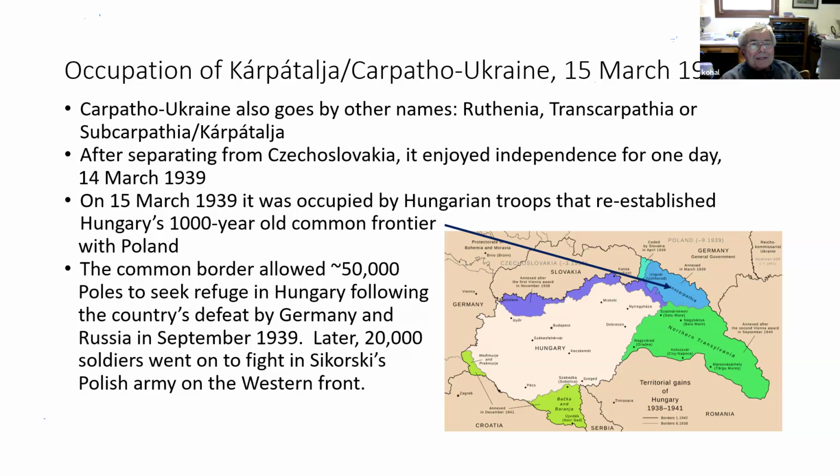It was occupied the next day by the Hungarians, and this was to reestablish what they called the 1,000-year common frontier with Poland, which, as it turns out, in the same year, allowed the Poles to escape the Russian-German invasion of their country, and something like 50,000 Poles sought refuge in Hungary, of which a lot of them were soldiers who went on to fight on the Western Front with Sikorski's Polish army.